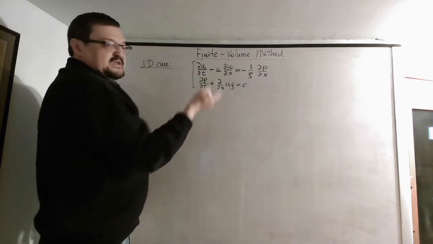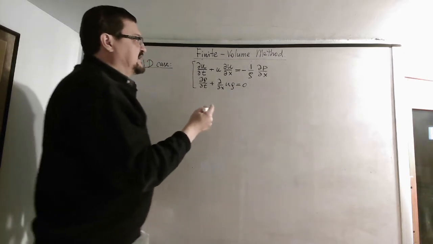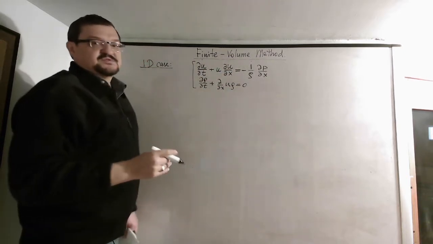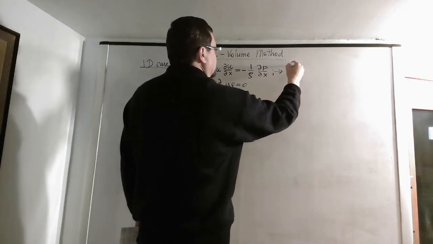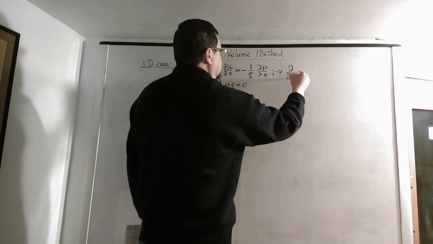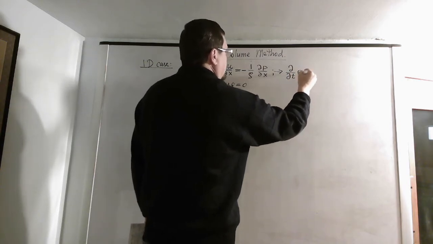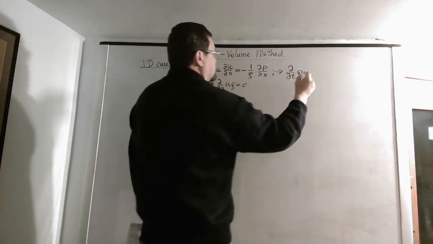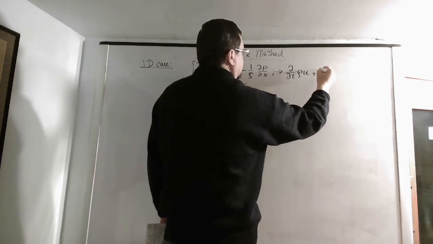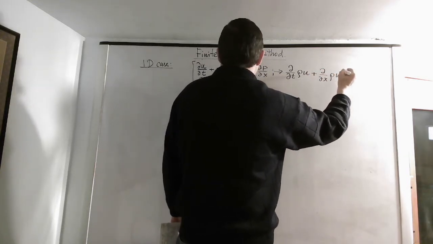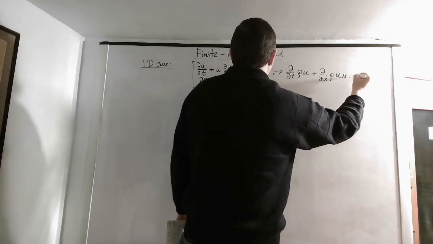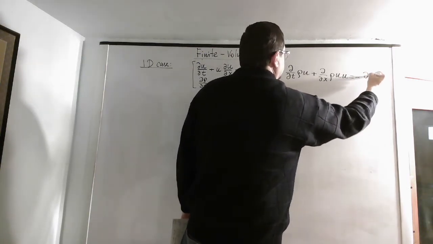But in the last lecture we actually discussed how to convert this equation into an equation in flux form. So you can write this equation as d dt of rho u plus d dx of rho u squared equals minus dp dx.